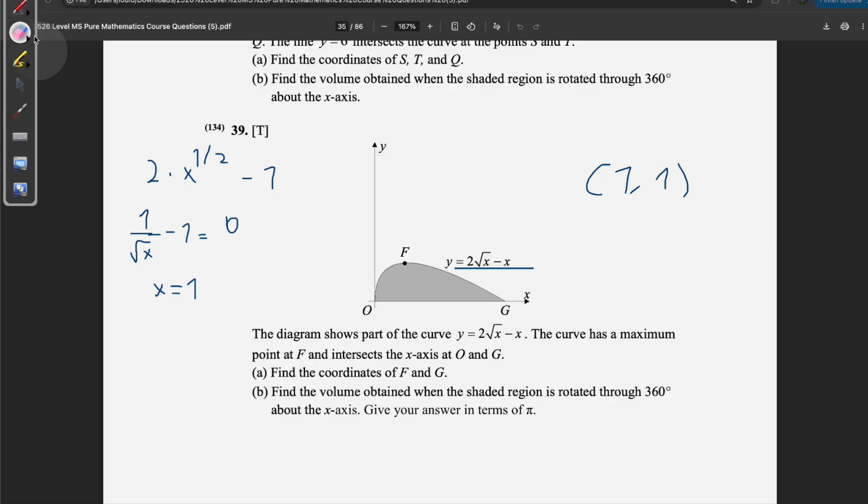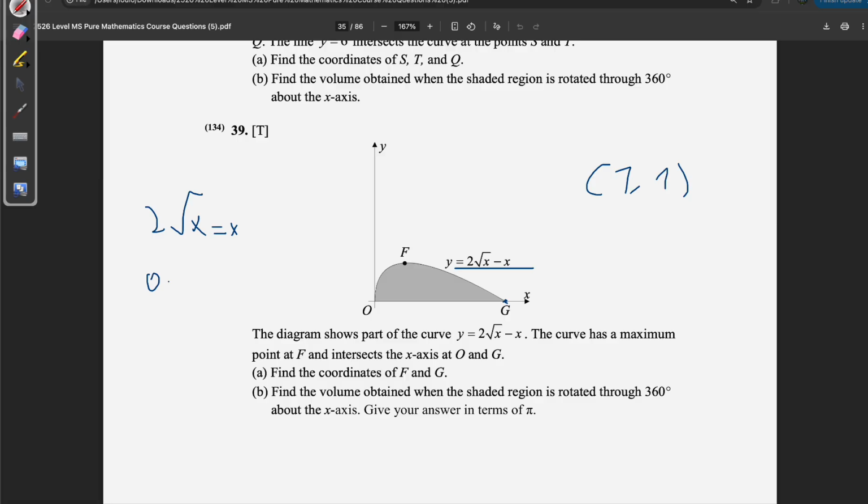Simple as that. For part B, they want G. We're just going to equate it to 0 since it intersects the x-axis. So 2 radical x is equal to x. Square both sides and take 2 radical x, all of it squared, to the other side.